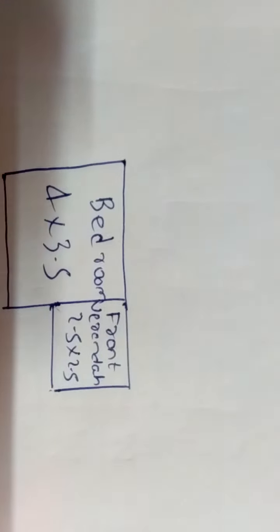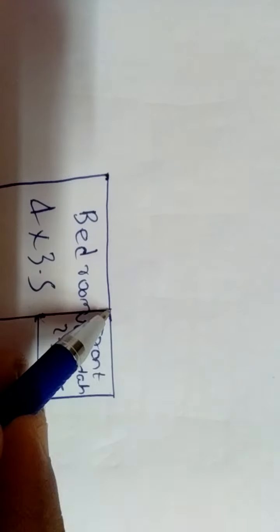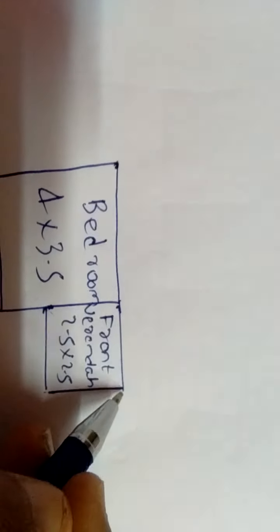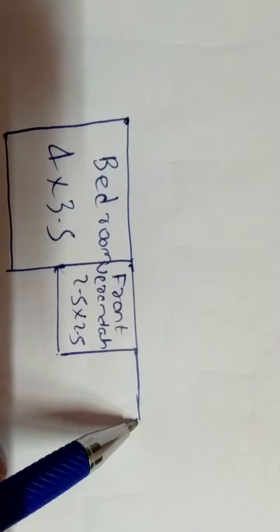Then we have to give the living room or hall, and it has been given in the question that it is 7.8 horizontally, 4 vertically. From here to here it is 4 already, from here to here it is already 2.5, so from here to here it is 6.5. So remaining is 1.3. From this point to this point it will be the hall or the living room. From this point to this point the width is 7.8.